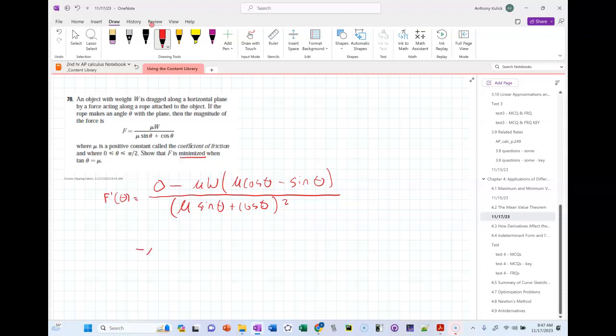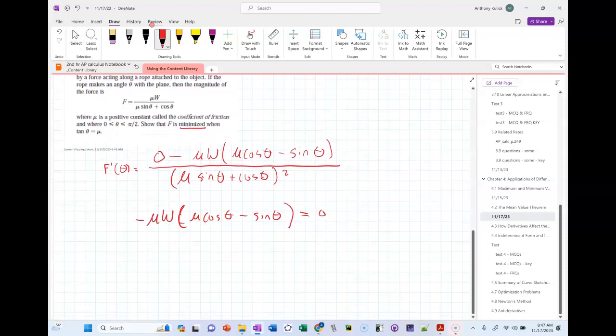So again, we'll just take the top and set that equal to 0. Distribute that mu w through.